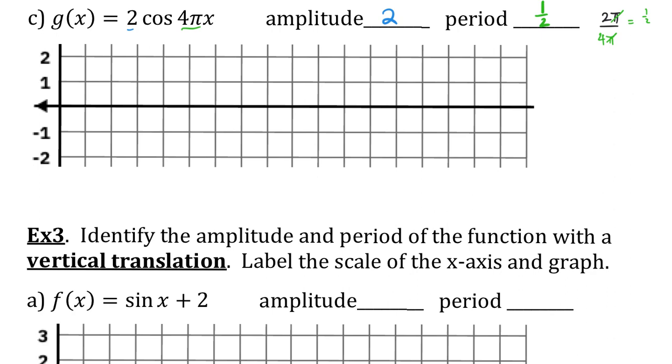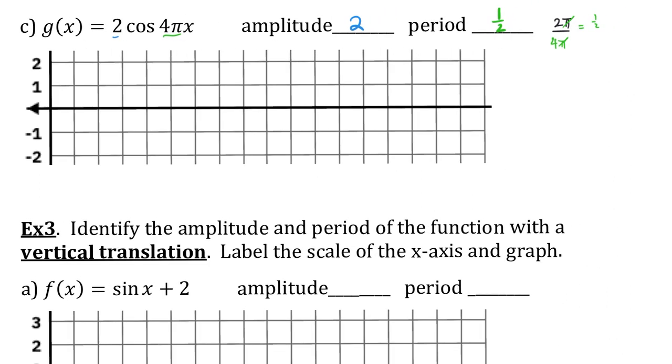Okay, this is cosine. You don't have to draw this circle, but these are the 4 points I think about every single time I graph something. And if I can get those 4 points right, I will get the graph. Okay, so I'm going to space it so I get 4 nice dots. 1, 2, 3, 4. Your spacing can be different, I promise. Okay, the amplitude's 2. What are we doing? Cosine. Cosine, I'm following the x-coordinate.